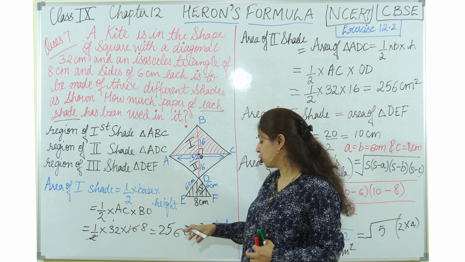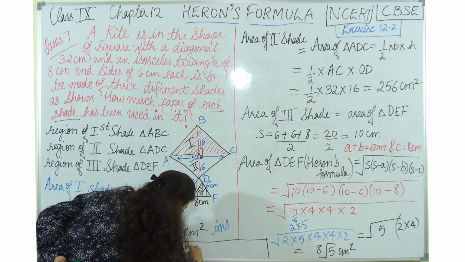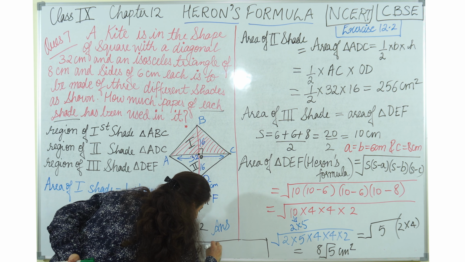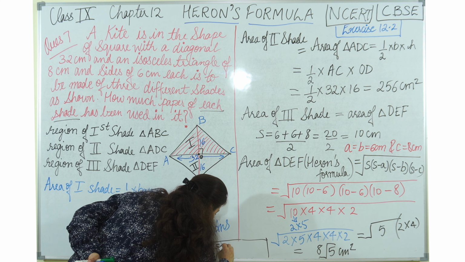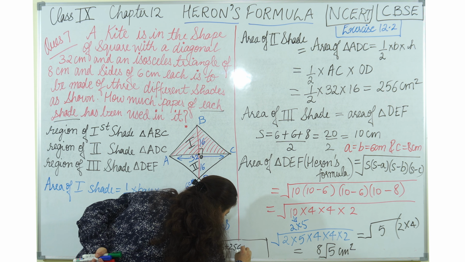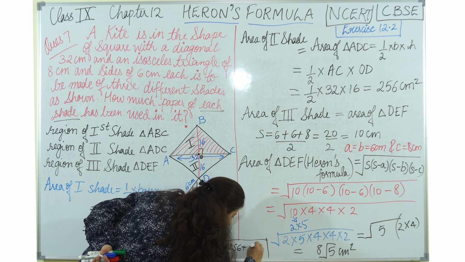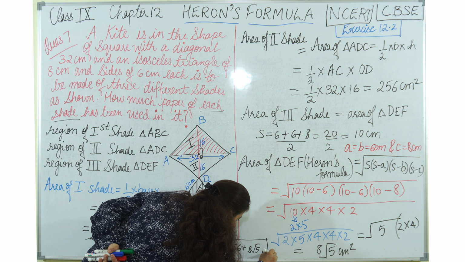I'm just writing over here in case it comes in the question. Total paper will be equal to 256 plus 256 plus 8 under root 5 centimeter square.